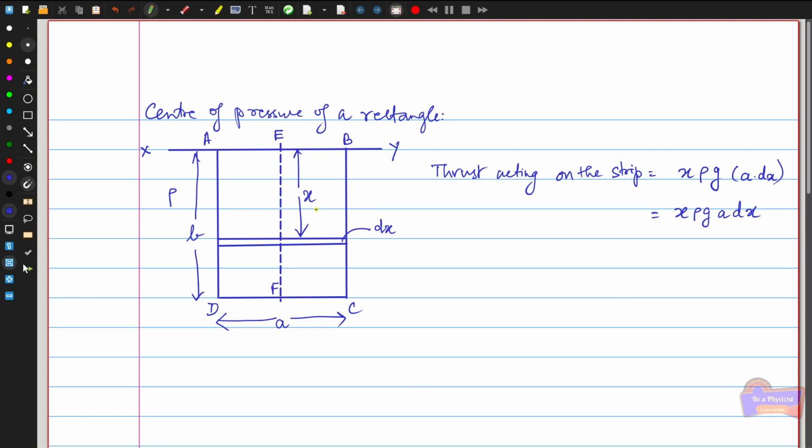If you want to find the total thrust acting on the whole rectangle, you have to integrate this equation from 0 to b, because b is the length of the rectangle, so that I can find the total thrust on all the strips.